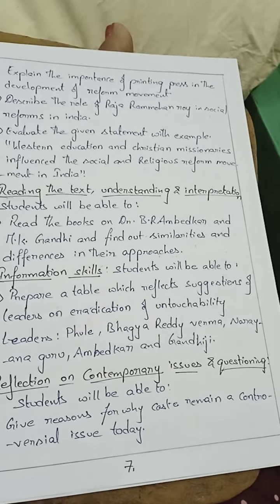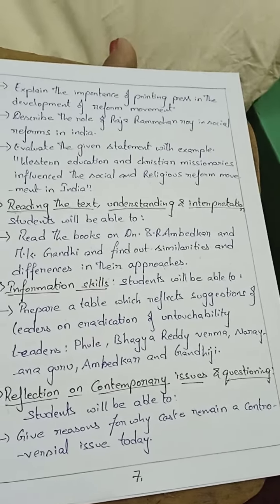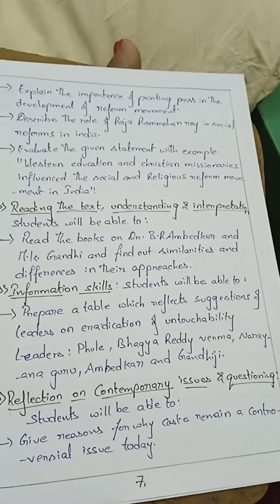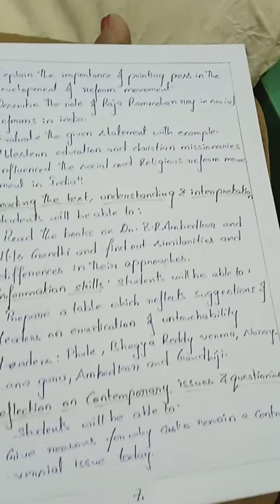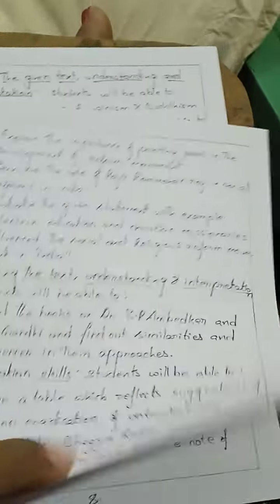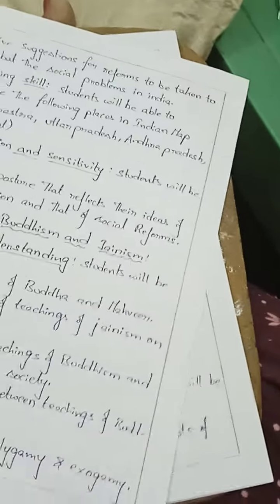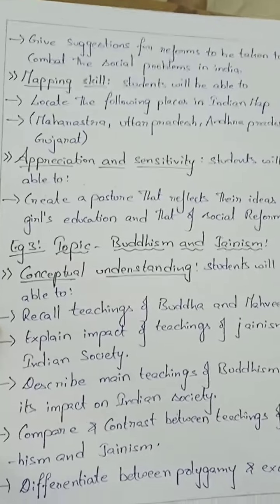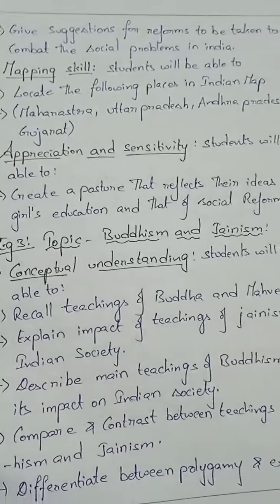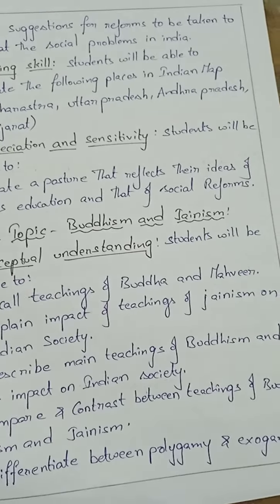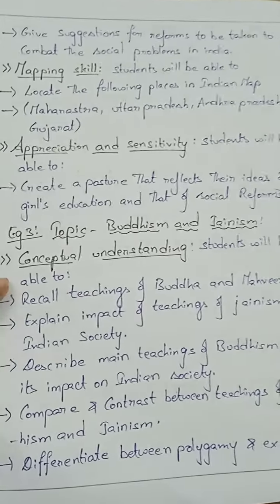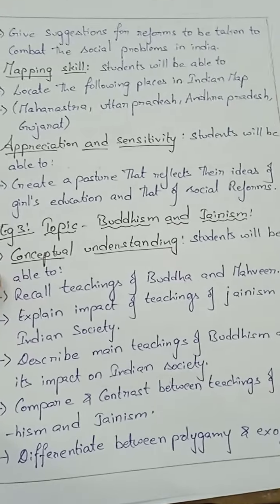Here the students will be able to give reasons for why caste and gender remain controversial issues which are occurring in today's generation. For a brief understanding, here is another topic, Buddhism and Jainism, conceptual understanding, as we have read before.